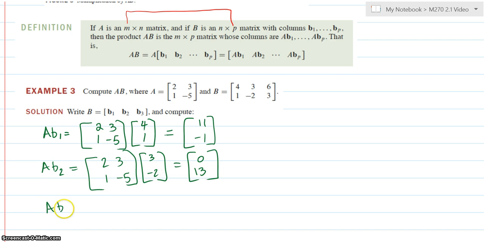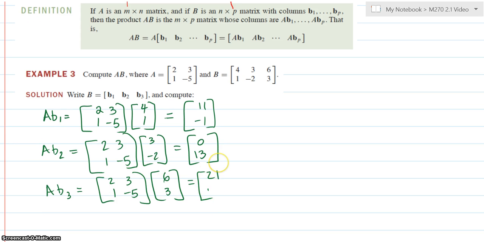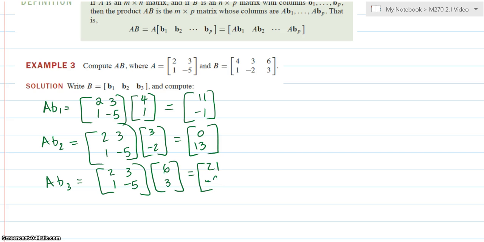Finally, let's do Ab3. We take A times each one of these, and it's going to form our matrix. So we get 12 plus 9 is 21, and then a 6 and a negative 15 makes a negative 9.